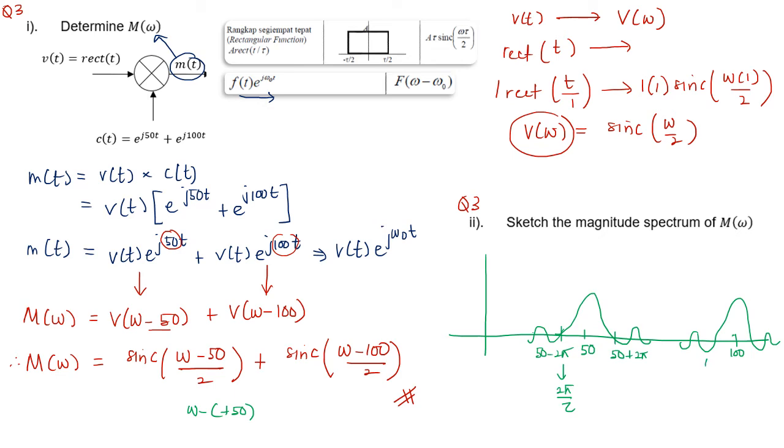So it is 100 minus 2 pi, and here is 100 plus 2 pi. Don't forget the magnitude. The magnitude is 1 for both signals, and this is your M(omega). And don't forget to label the x-axis as omega.